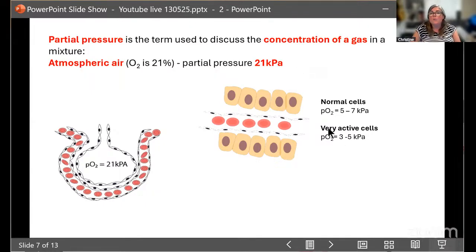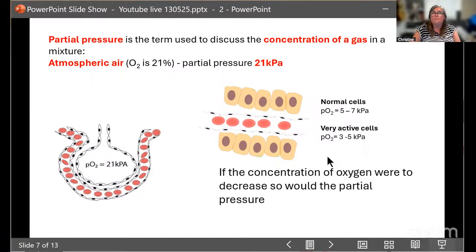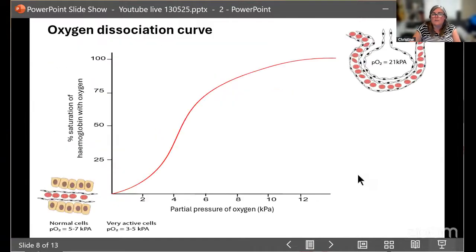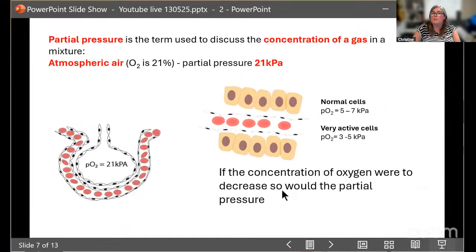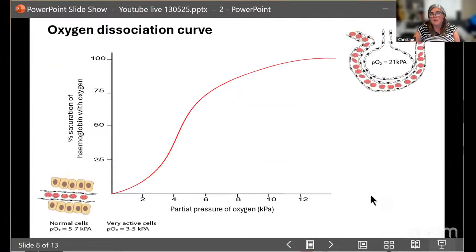Very active cells have more respiration, therefore a lower partial pressure of oxygen. Makes sense, hopefully.